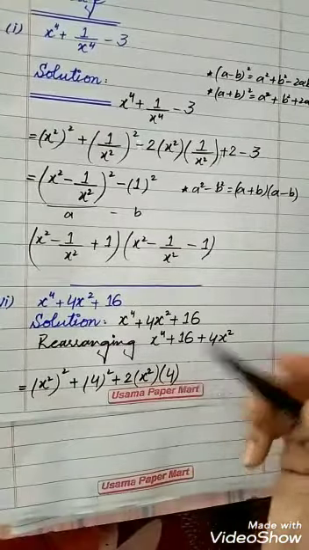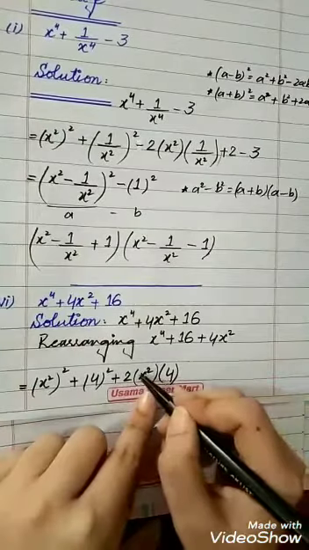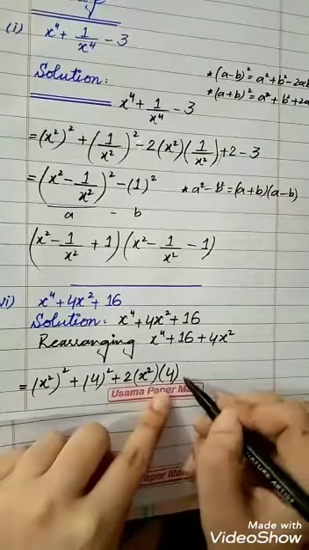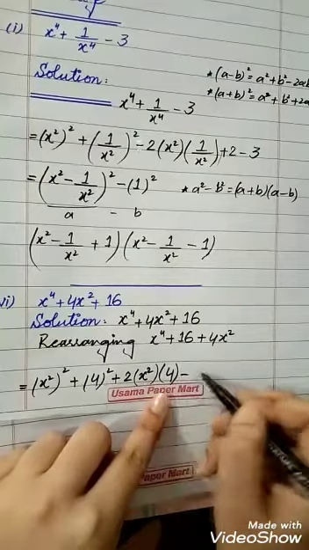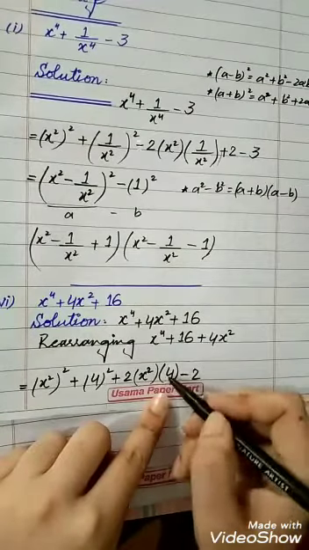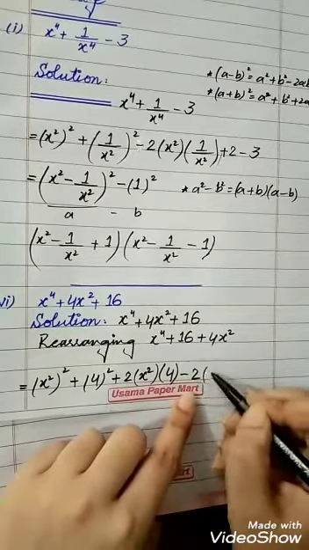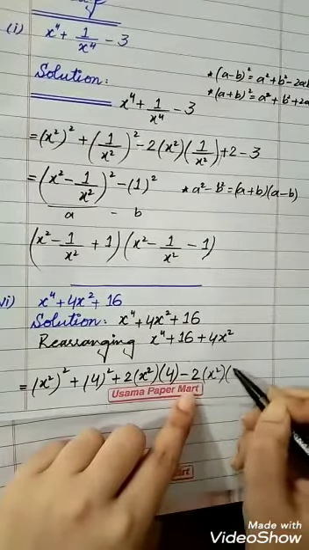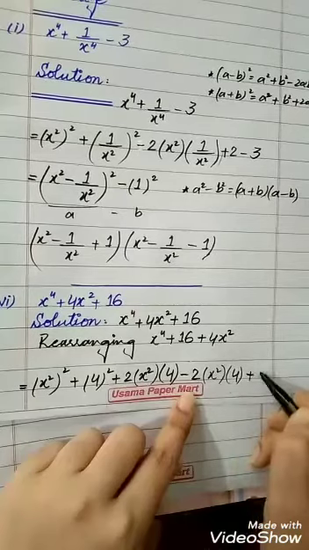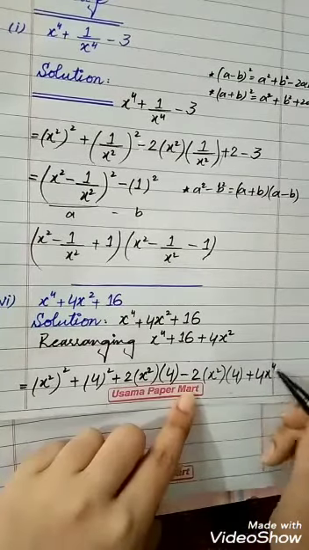This is also extra, so we will add, and if we are adding this term, we have to subtract as well. 4 2s are 8x square can also be, just to make you clear, plus 4x power 4.